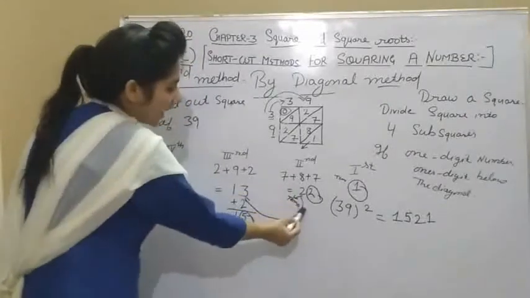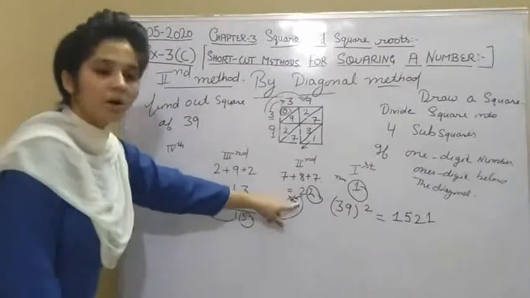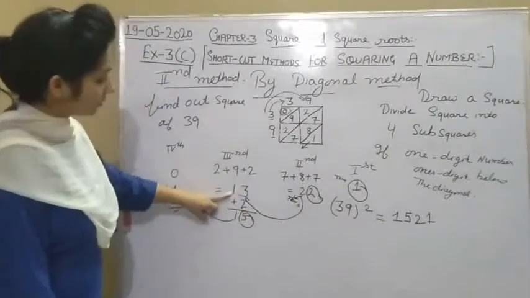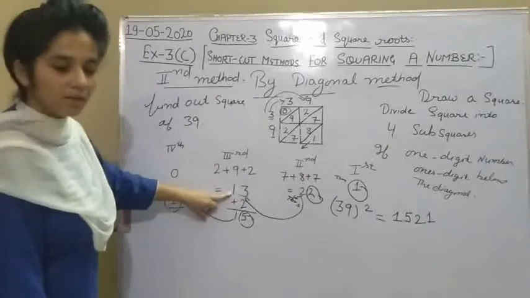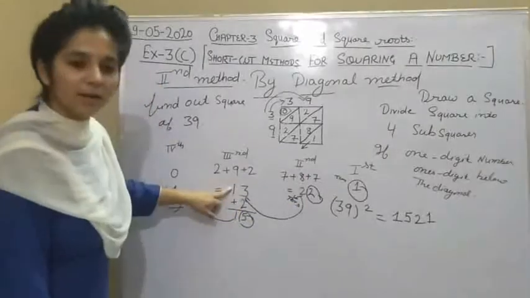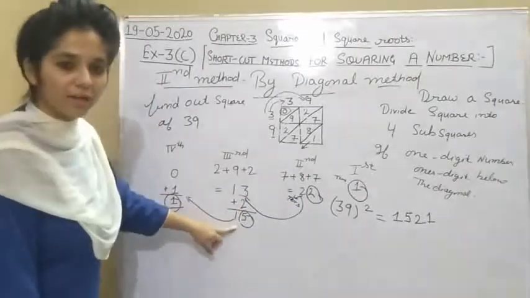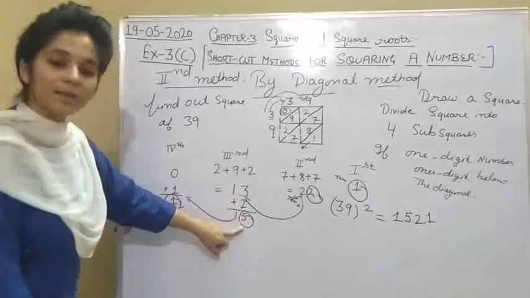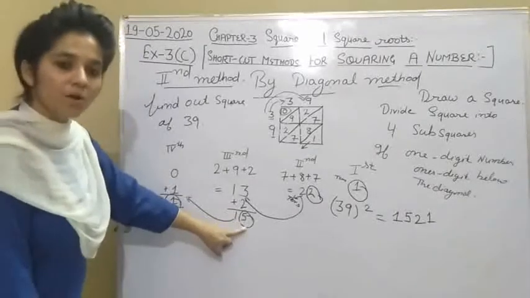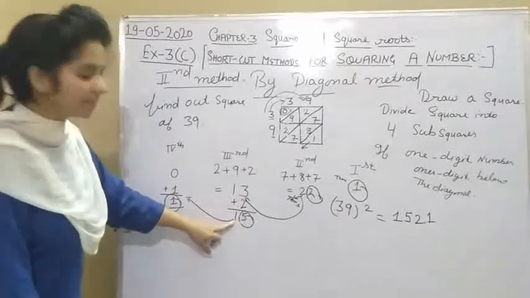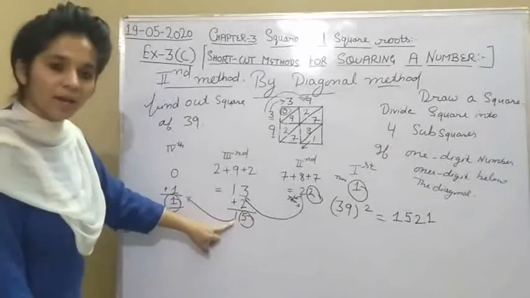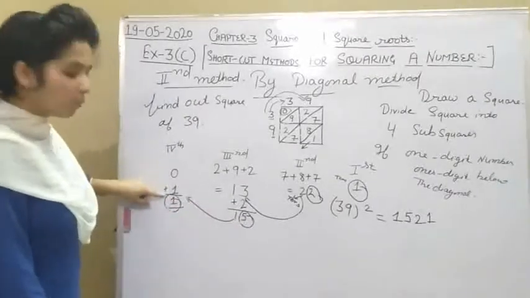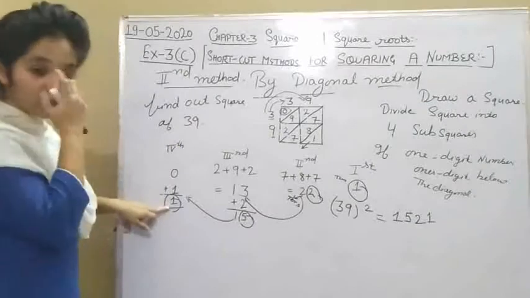You will get carry of the 2 to the 13. It will be equals to 15. Again circle on the first digit and the remaining digit is 1. Give carry 1 to the 0. It will be equals to 1.